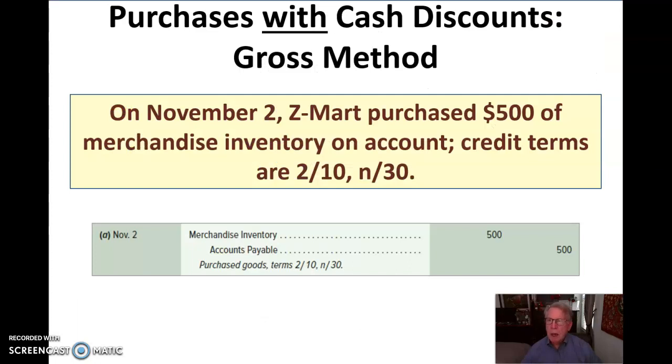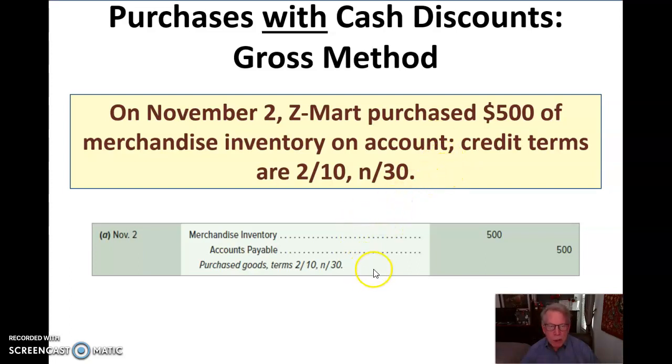Okay, here is a purchase with cash discounts using the gross method, and the gross method is what I'm used to. It's by far the more popular way to do things. So here they're purchasing $500 of merchandise on account. Okay, and the credit terms are 2/10 net 30.